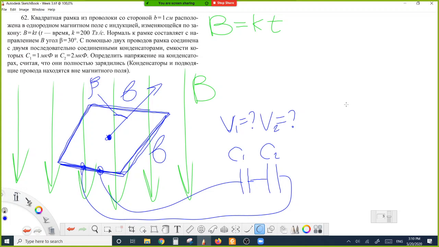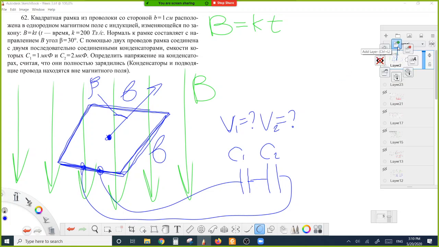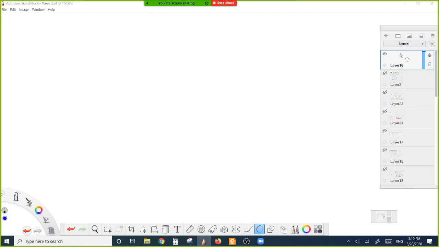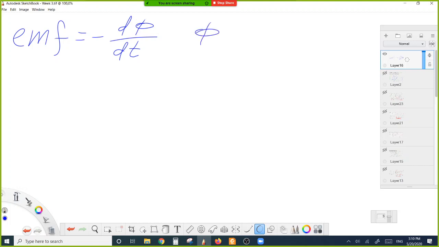Okay, let me open a new page. I will write on a new page now. Electromotive force is equal to minus d phi over dt, where phi is the magnetic flux through our contour.